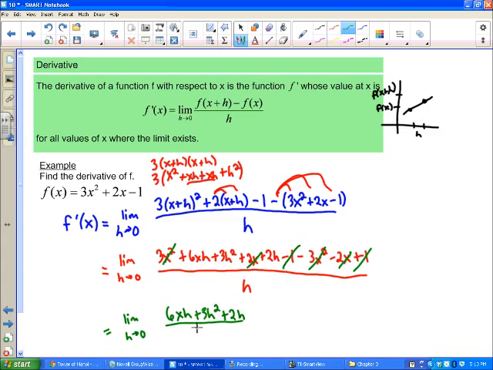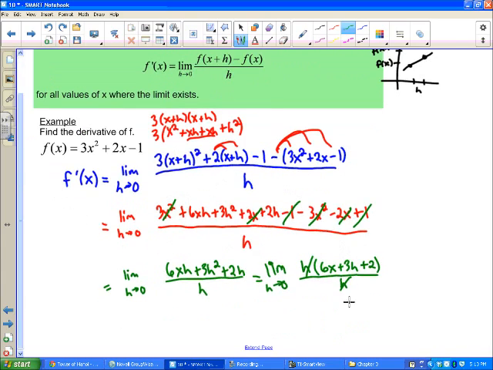If everything has an h in it, that means that I can factor the h out and cancel. Bam, bam. Now we're ready to actually evaluate this limit. Let's do that. Equals the limit as h approaches 0 of 6x plus 3h plus 2.